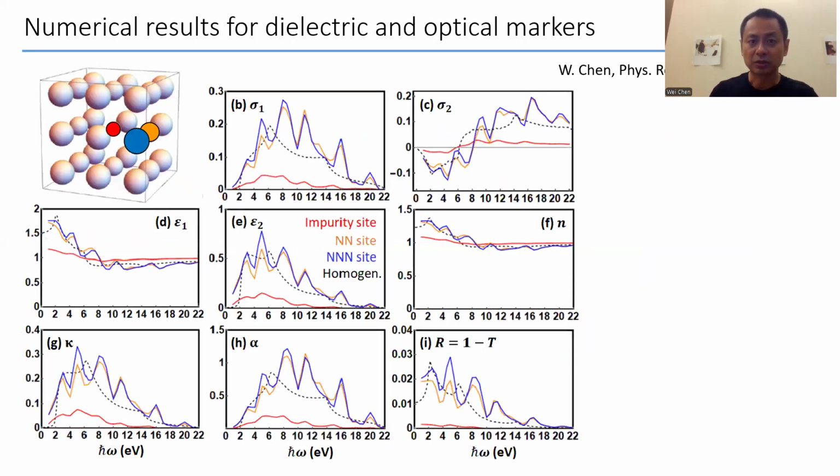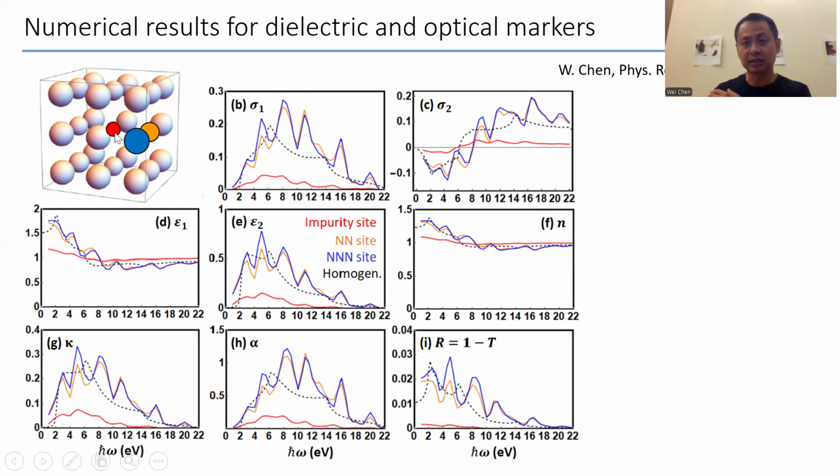So here I show you the numerical results. Let's say you have a cubic lattice. You put in some potential impurities on a specific lattice site, which I show in red here. The markers can study the optical properties on this lattice site and its neighbors. In fact, you can study all the lattice sites, however far away from the impurity site.